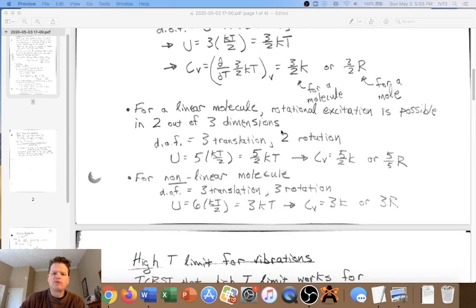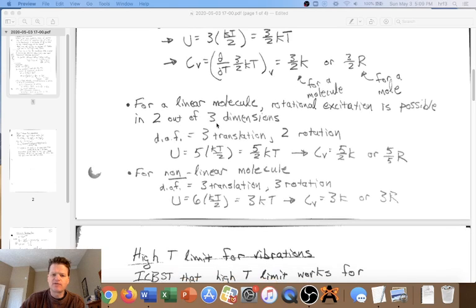Now, if you go to a molecule that isn't spherically symmetric, so for example a linear molecule, you'll have rotational excitation in 2 out of 3 dimensions, like every dimension except for the axis. So your degrees of freedom now are 5, because you have 3 translational, 2 rotational. And we're just ignoring vibrations for now.